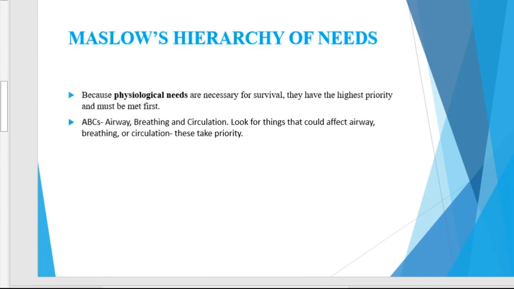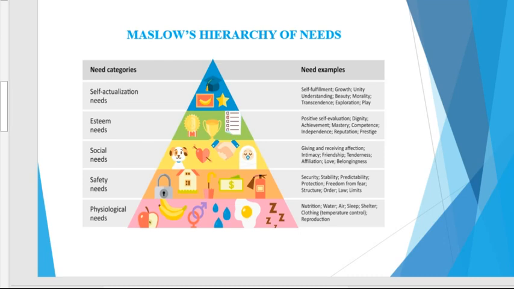Now, another thing you need to consider when you are answering questions is knowing Maslow's hierarchy of needs. Maslow's hierarchy of needs has the physiological needs and safety needs on the lower level, meaning that we have to maintain these physiological needs, followed by safety needs, before we can get to social, esteem and self-actualization needs.